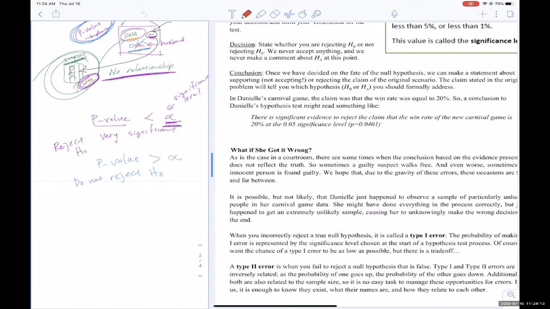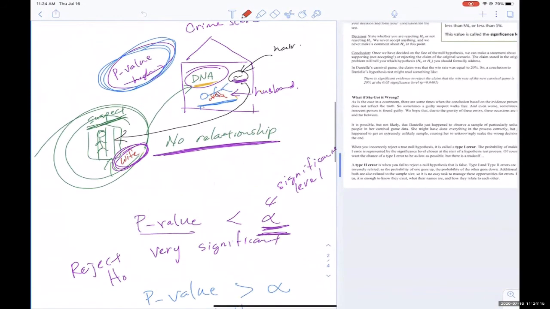have a suspect who does not have any relationship with the victim, but somehow their DNA was found in the crime scene. But he really did not commit the crime.